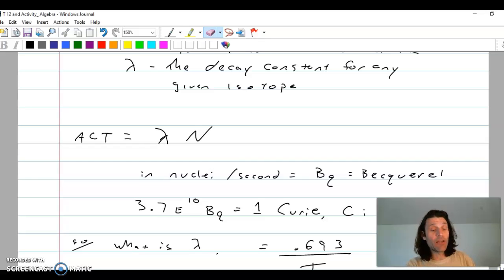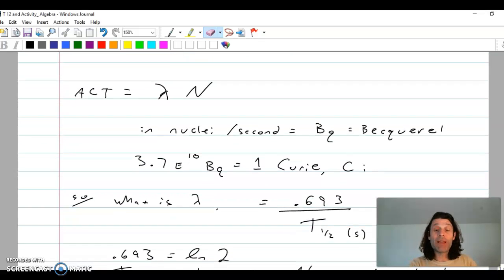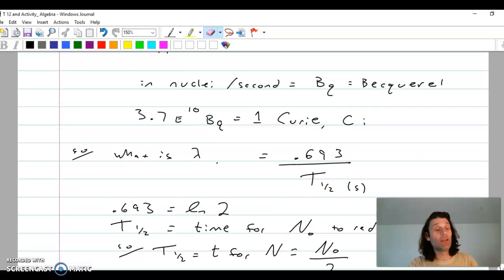One nuclei breaking per second is known as a unit called a becquerel. And what you see here is a conversion of becquerels. It is 3.7 times 10 to the 10th Bq, breaks per second. That is what 1 curie is. That is an older unit of measuring the activity, the eagerness of an element to break.